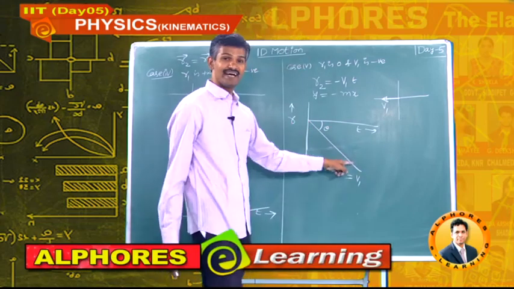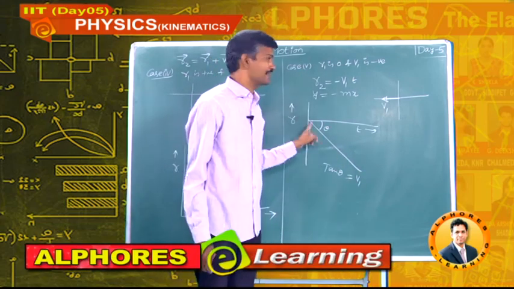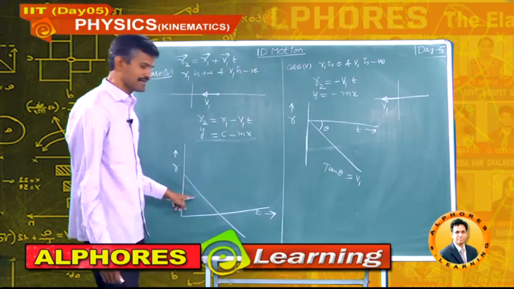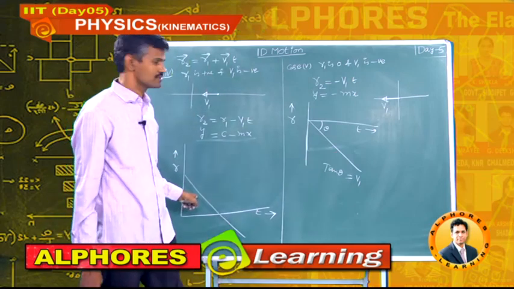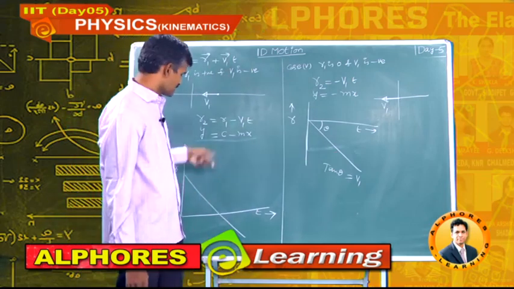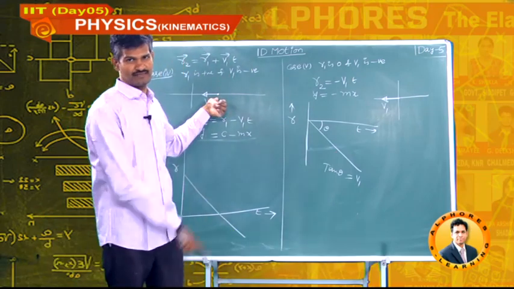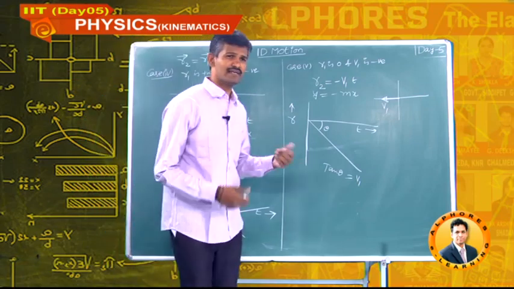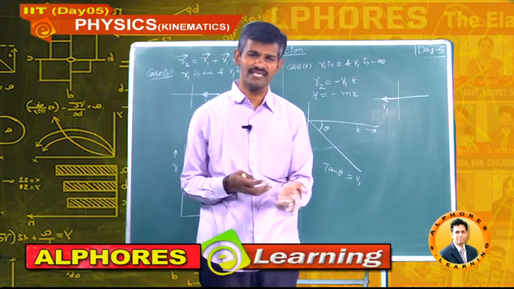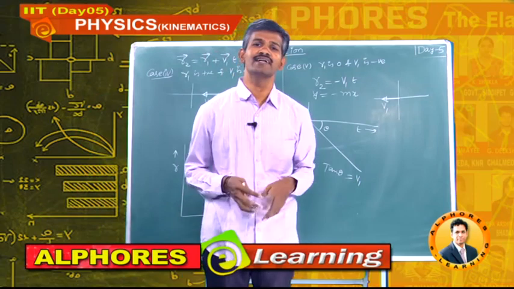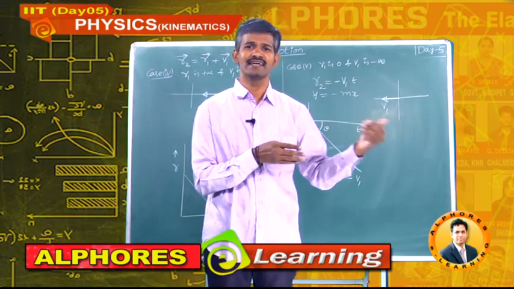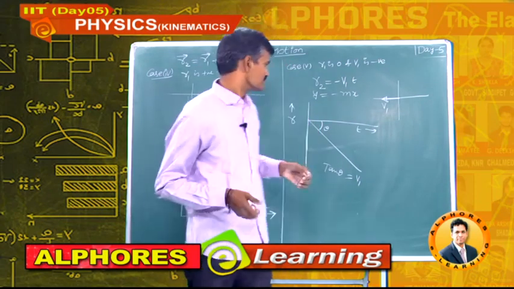But this slope is a negative slope. Here also slope is negative. This negative slope gives negative velocity. So, negative in the sense body moving in opposite direction. That is, we assume one direction. If body moves opposite to that direction, then that velocity is taken as negative, right?